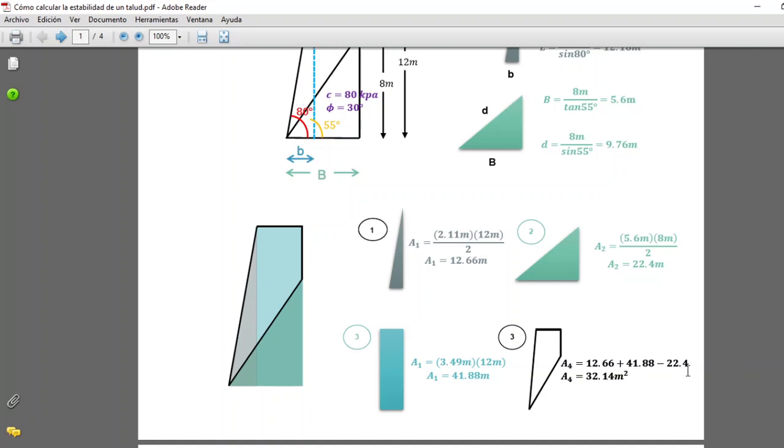That is 12.66 plus 41.88 less 22.4, and we have 32.14 square meters.